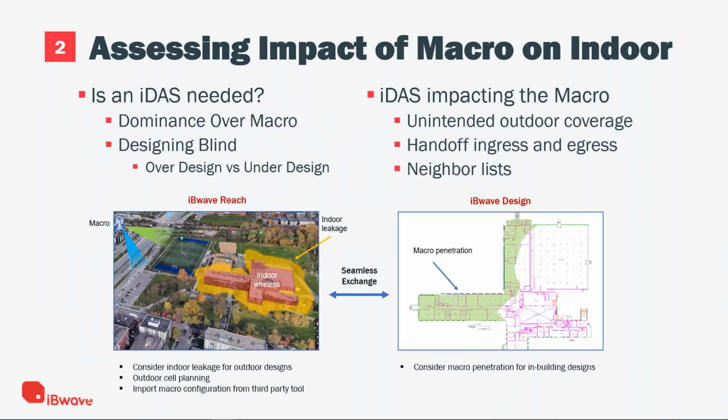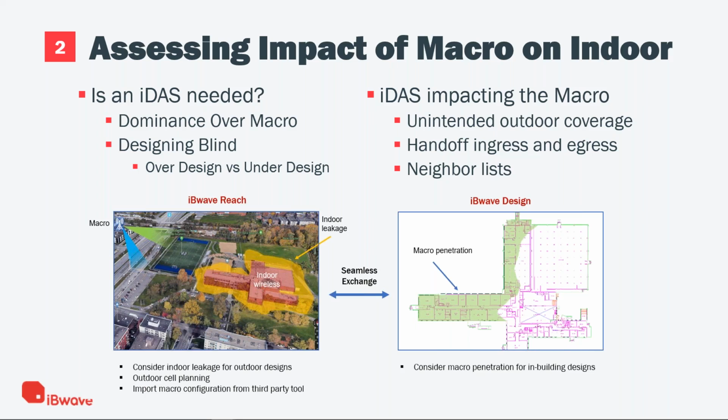But next, not only accessing the geodata required for your campus design, but also being able to understand the impact of the macro network on your in-building design. The question is, what buildings really need an IDAS, or in-building distributed antenna system? What buildings require it and to what extent?